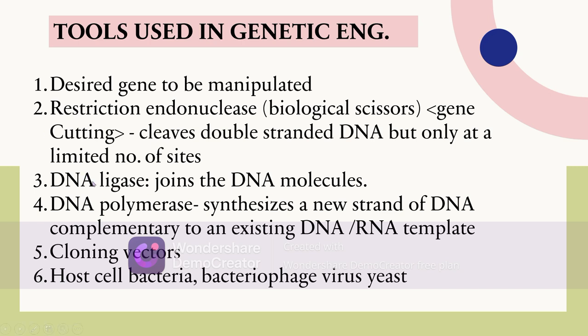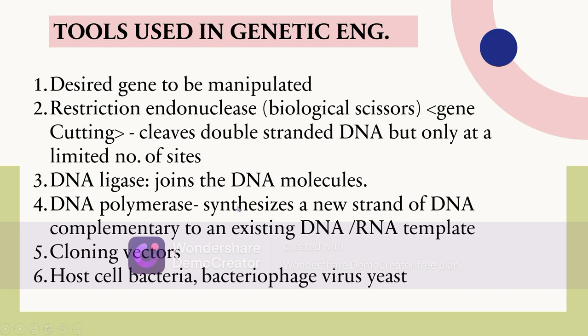Then we need a DNA ligase, which joins the cut strand of DNA with the plasmid. Then we need a DNA polymerase. The DNA polymerase will produce a newly synthesized strand of DNA complementary to the existing DNA or RNA template.